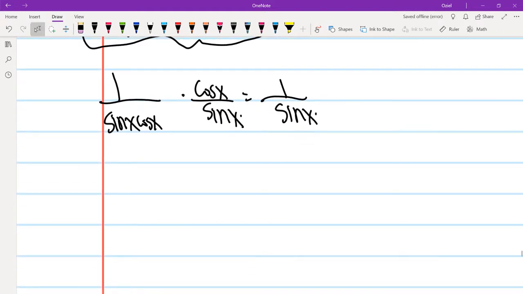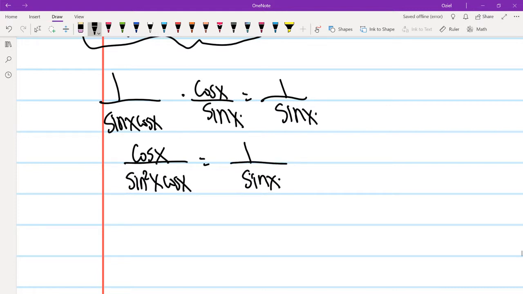Then you would say cosine of x over sine squared of x cosine of x equals 1 over sine of x. If you're wondering how I'm going to get this to equal 1 over sine of x, just keep watching.